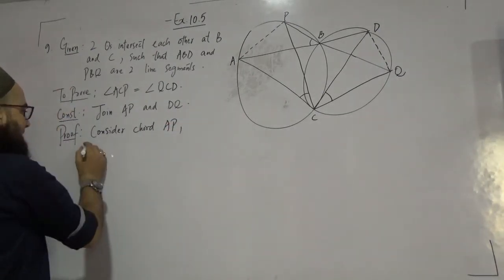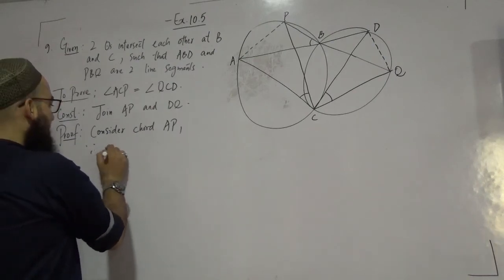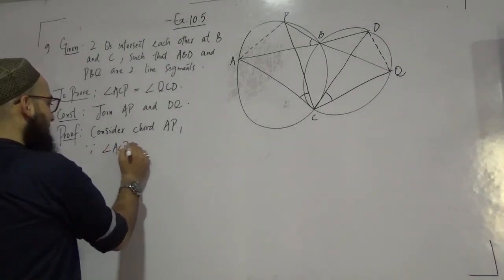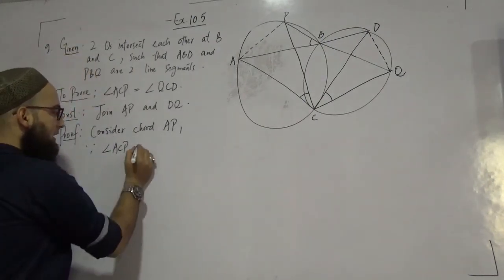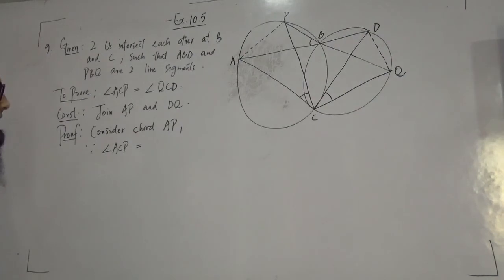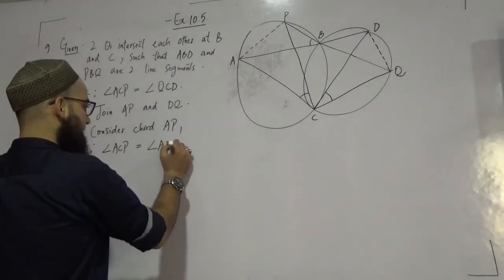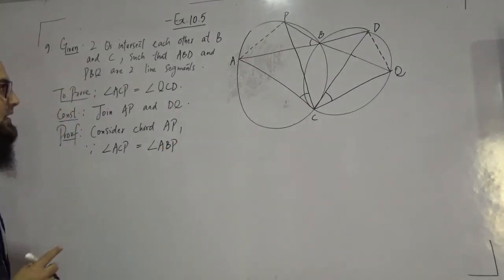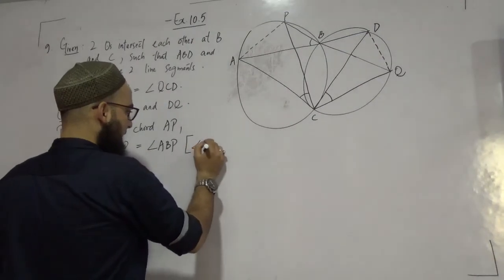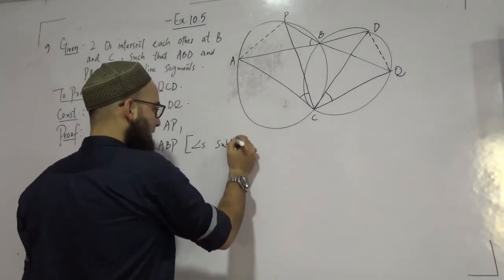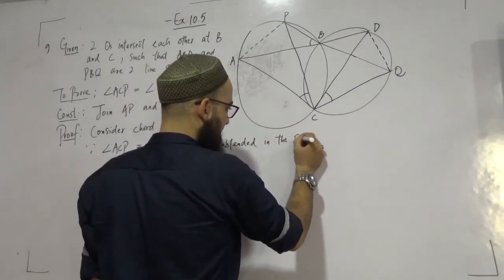Since angle ACP is equal to angle ABP, the reason is angles subtended in the same segment.